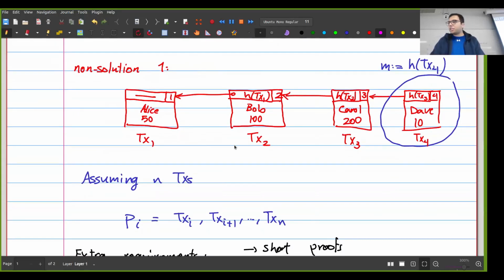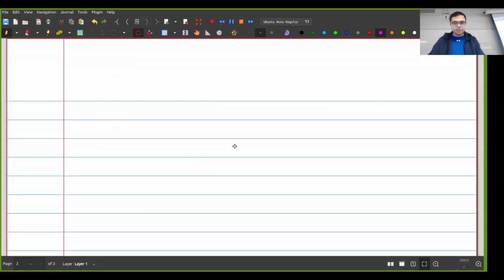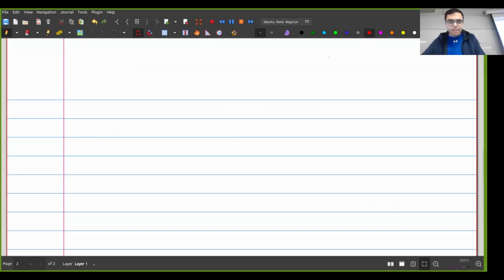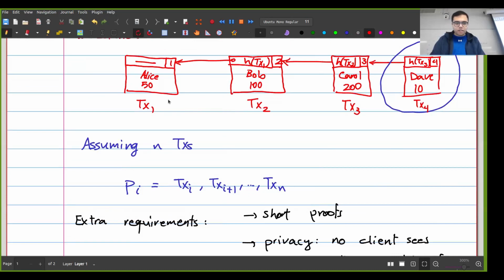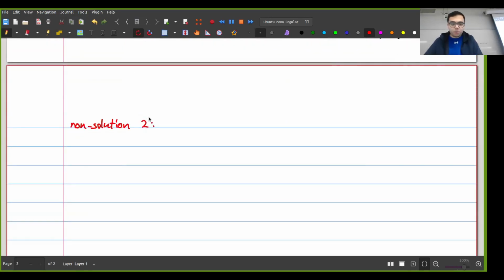Now, I'm going to change the structure of my transactions. So this is non-solution 2. It's going to solve our privacy issue, but it's not going to solve the problem with really long proofs. Now, again, look here. Transaction 1 used to include the personal information of Alice. Instead, I'm just going to say this transaction will only have the hash of the personal information. So I'm going to create a new transaction 1.